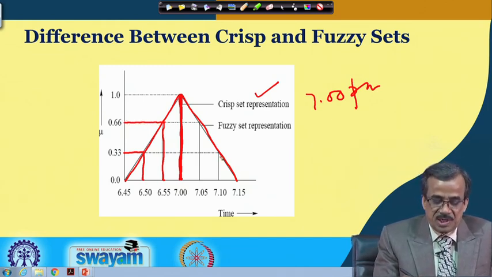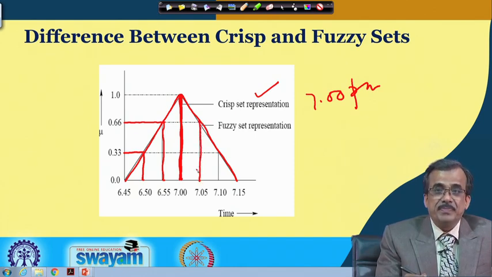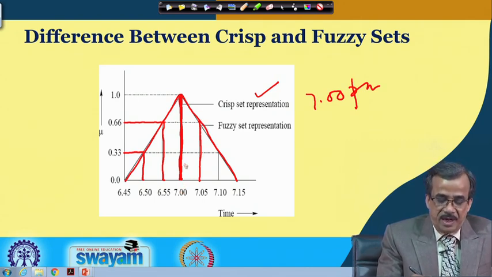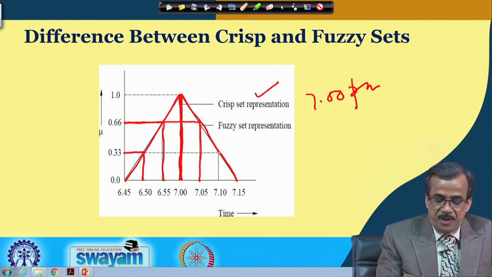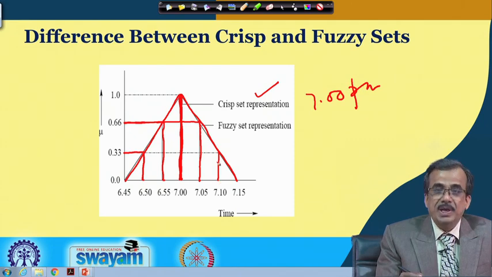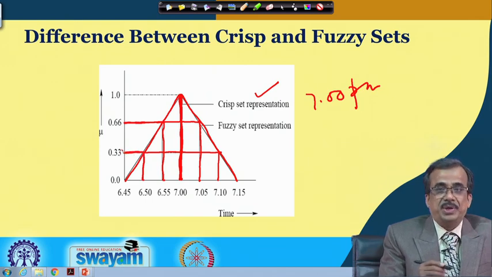Same is the situation if he comes at 7:05, that means 5 minutes past 7, then we will assume that he has attended that particular party and he has come at 7 p.m. with the membership function value 0.66, and if he comes at 7:10, we will assume that he has come at 7 p.m. with the membership function value 0.33.